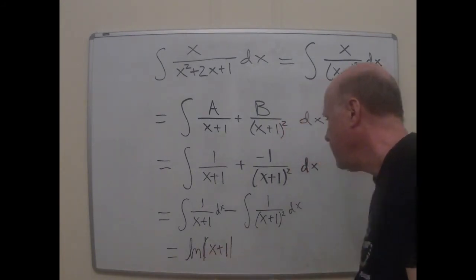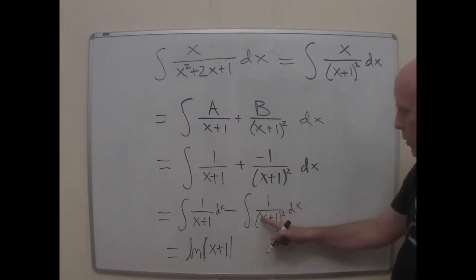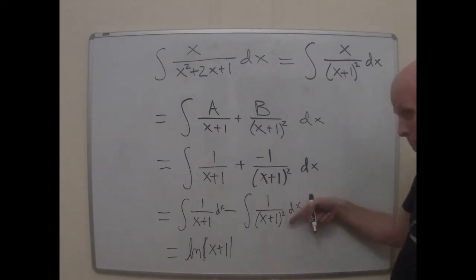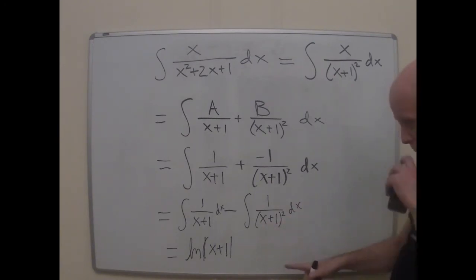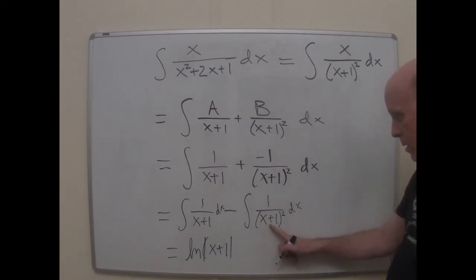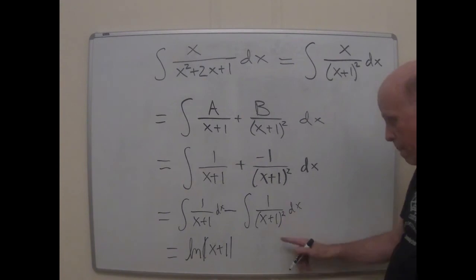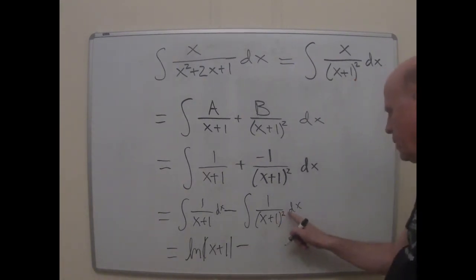The second one, it's really a quick u substitution. I don't think we need to do it out. We've got u squared in the bottom of a fraction, so that's u to the minus 2 power. And since this u is just x plus 1, it's got the same differential that x does: du is equal to dx. All right, so what are we subtracting then? That's the negative second power.